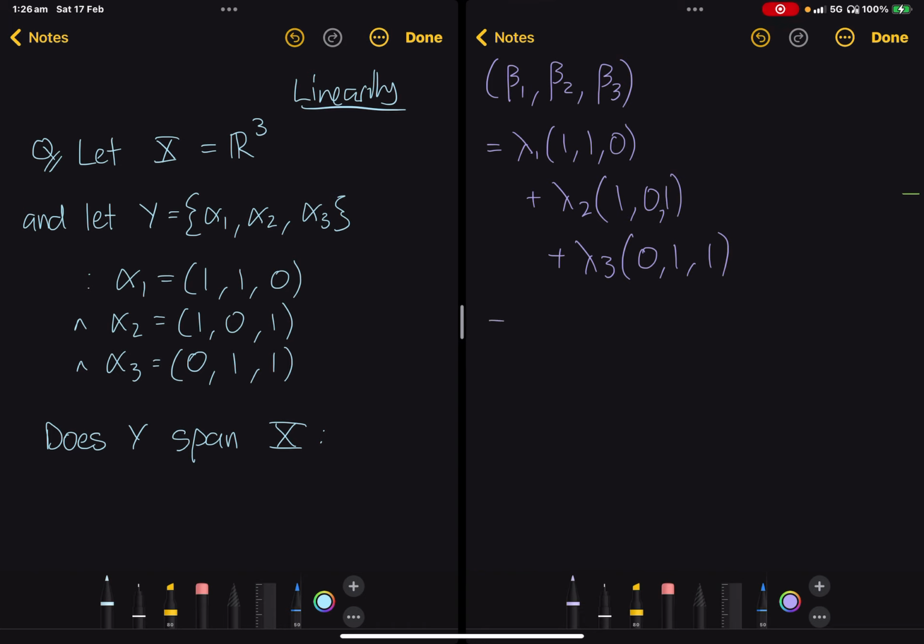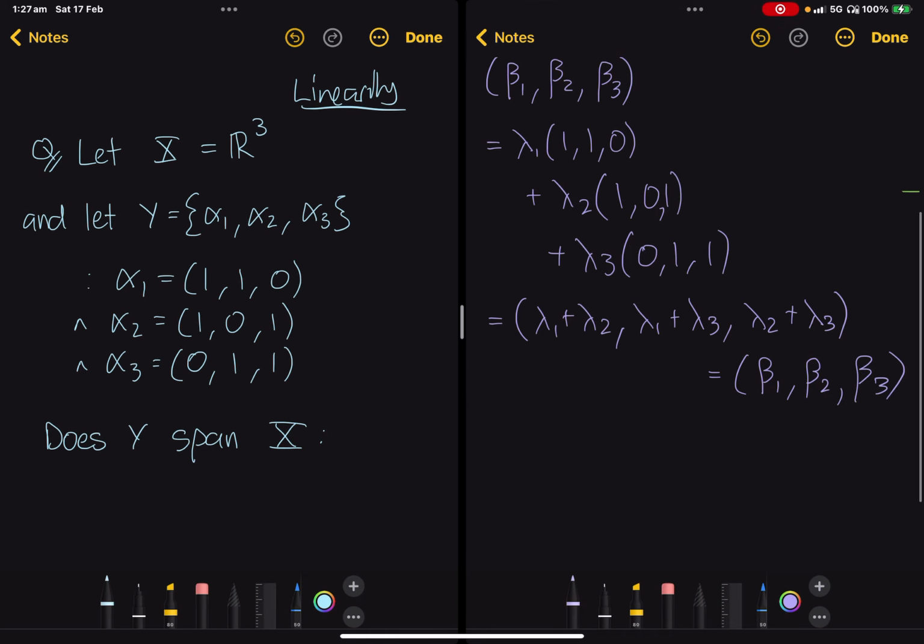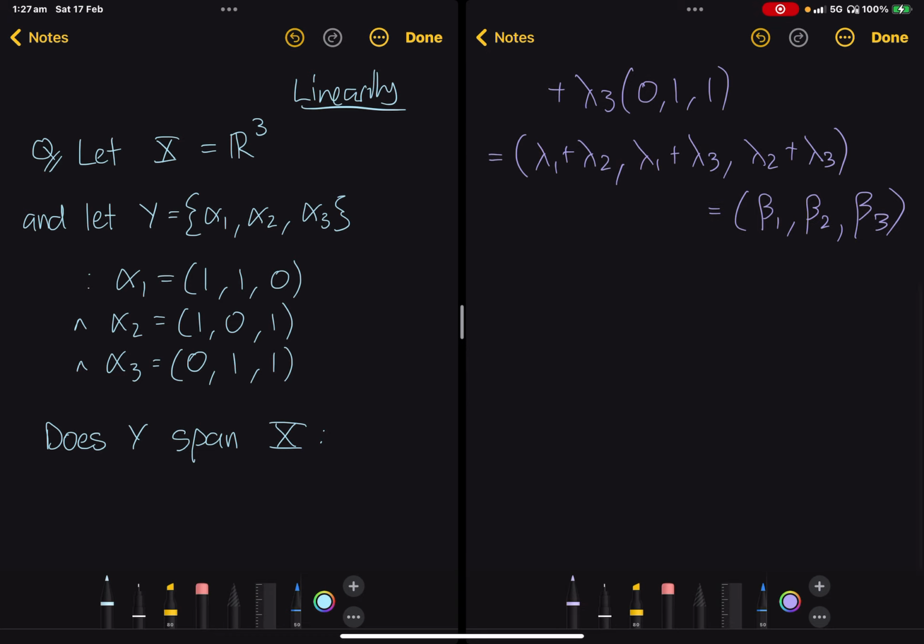Now we can expand this out and turn it into one big vector. Our x component will be lambda 1 plus lambda 2, our y component will be lambda 1 plus lambda 3, and our z component will be lambda 2 plus lambda 3. This is equal to the vector beta 1, beta 2, beta 3. Exactly as we've done previously, we are going to turn this into a matrix.